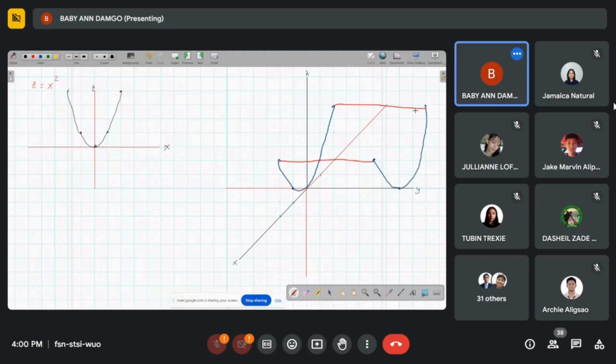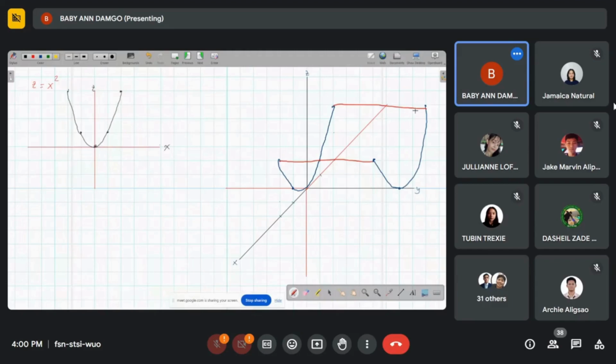So 1, 2, 1, 2. So we have this point. So our graph is an ellipse. Okay. So this is of the form of the 2D.